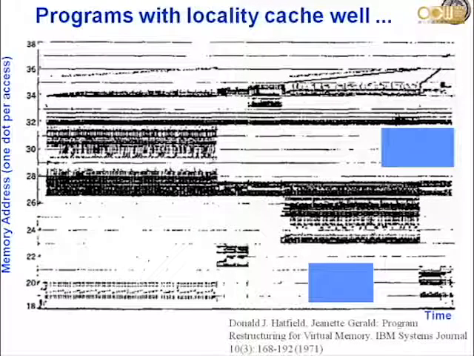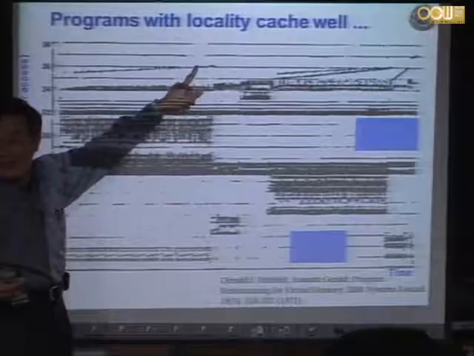Okay. You want to see bad locality? Tell me where I can find a bad locality example in this diagram. Like the individual dots. Individual dots show very bad locality. Any other cases? Like this tilted line. It may look like it has some spatial locality, but it's not too useful.